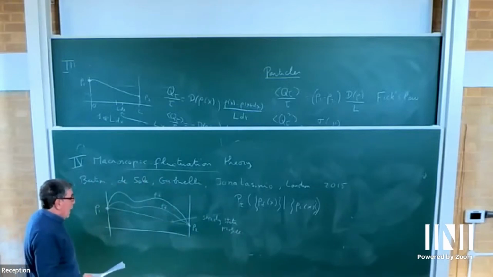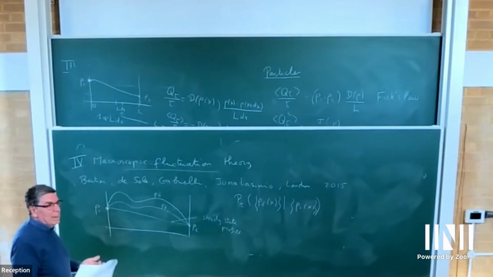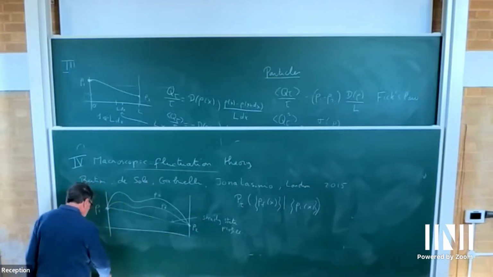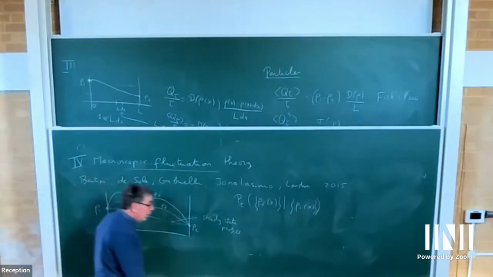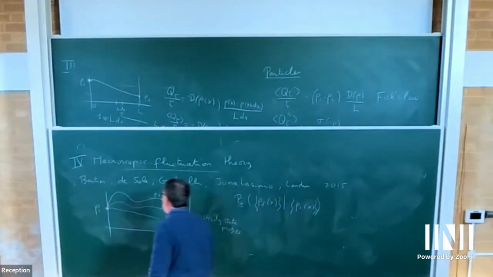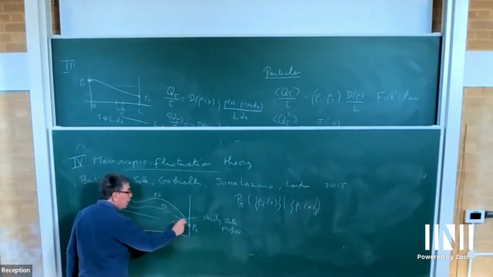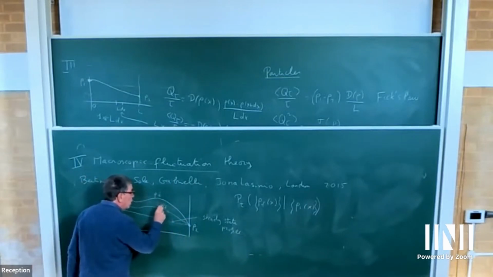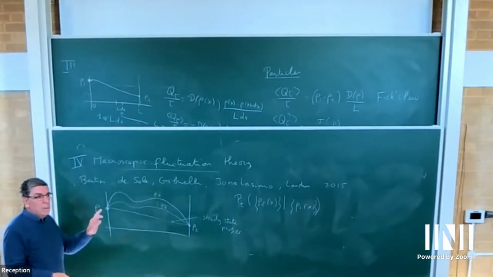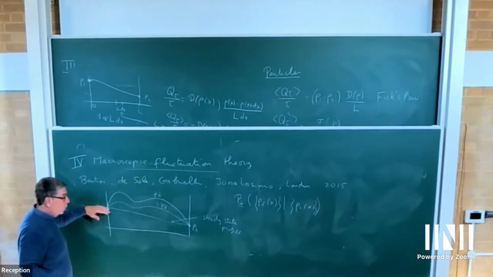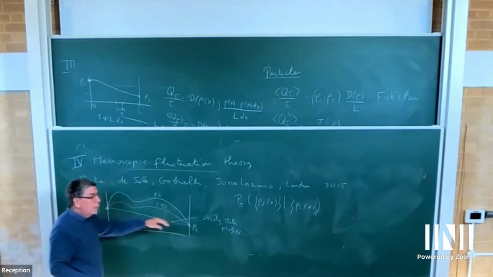And why can I say something about it with the tools I showed you? Essentially, if you go from here to there, there will be some intermediate profile, but always locally it will be close to equilibrium. Although the whole system is very far from equilibrium, ρ1 and ρ2 are very different.